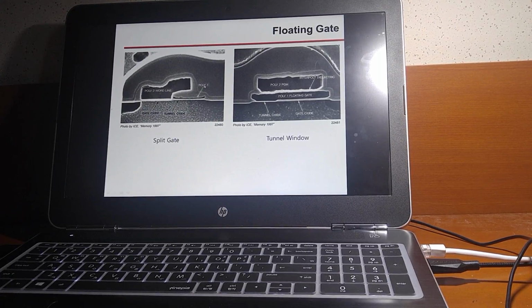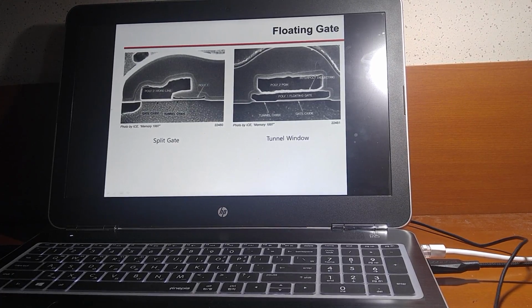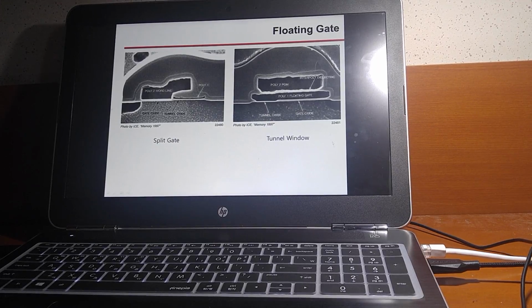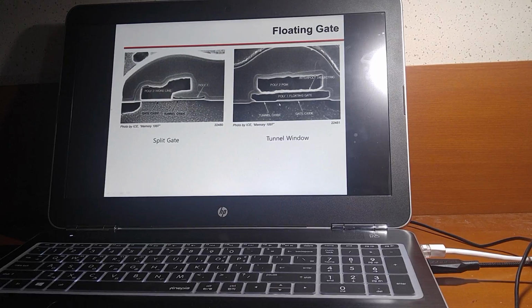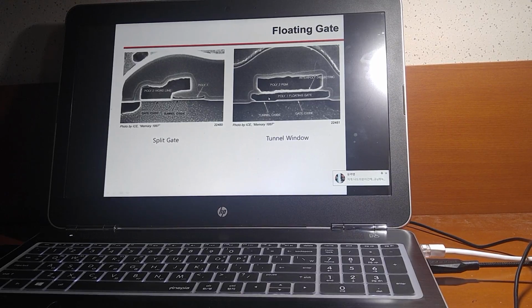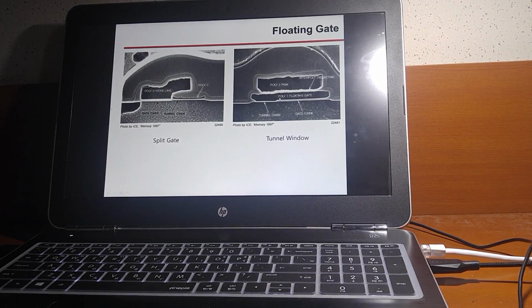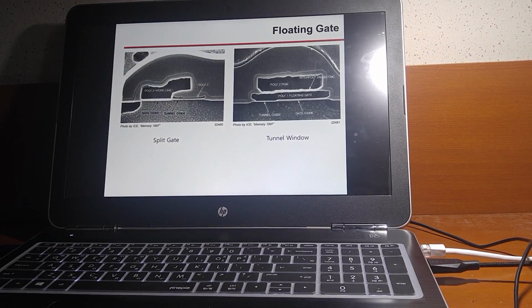So we compensated this structure to the right side, the tunneling window structure. The reason why the drain side of the oxide is very thin is because we use tunneling through the drain and floating gate surface. The oxide should be very thin to give the tunneling current, the tunneling operation.